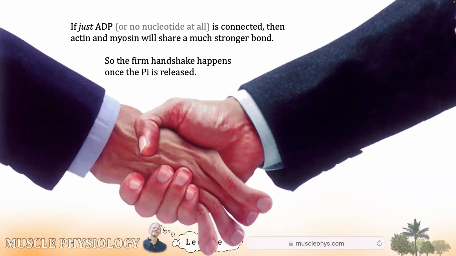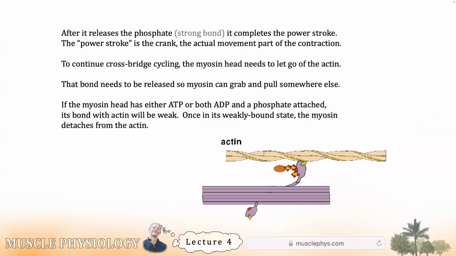So once the myosin head releases the phosphate, it transitions to a strong bond. It cranks. It completes its power stroke, yanking along actin, bending its neck. But it doesn't move very far, just a tiny bit with each power stroke.